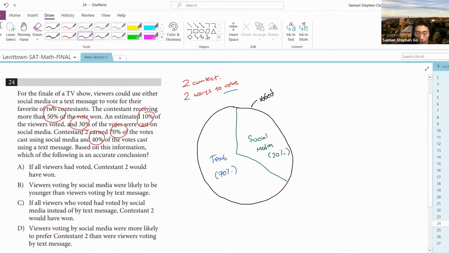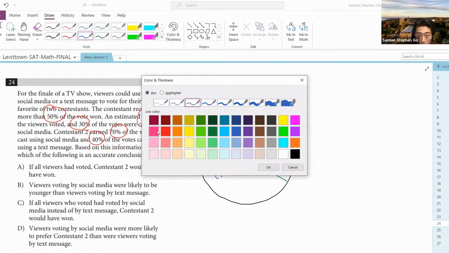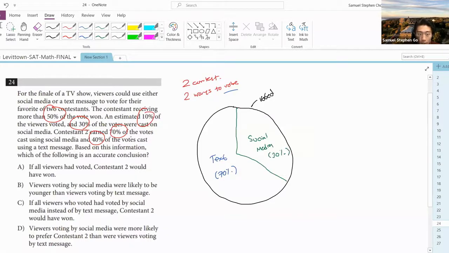So at this point, it tells us contestant 2 earned 70% of the votes using social media. So I will do that in a completely different color here. Let's use this nice pink. Of this green portion, this 1/3 right here, contestant 2 got 70% of these.